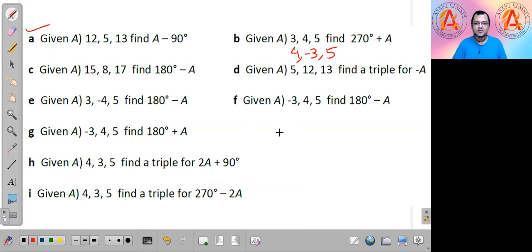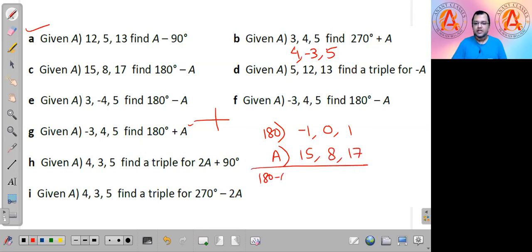No. Yeah, so as I said, that minus stuff creates some confusion. So what is 180 degree? 180 degree is minus 1, 0, 1. And what is your angle A? Angle A is 15, 8, 17. So what will be 180 minus A?